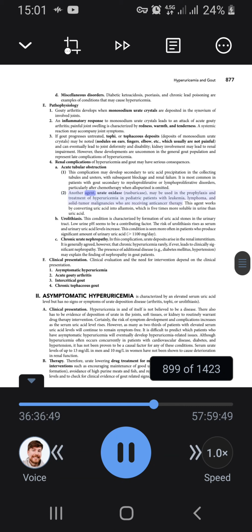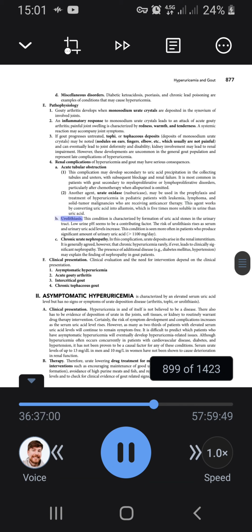Another agent, urate oxidase, rasburicase, may be used in the prophylaxis and treatment of hyperuricemia in pediatric patients with leukemia, lymphoma, and solid tumor malignancies who are receiving anti-cancer therapy. This agent works by converting uric acid into allantoin, which is 5 times more soluble in urine than uric acid.